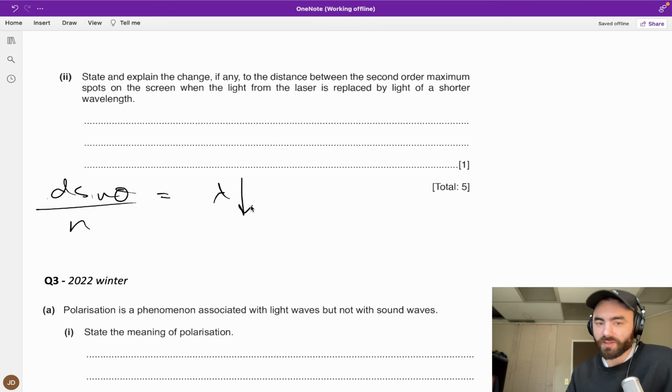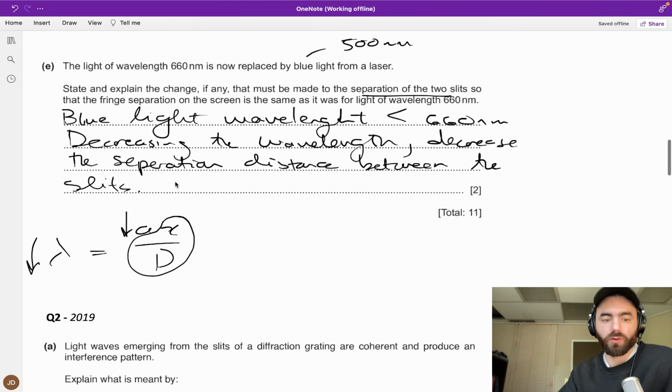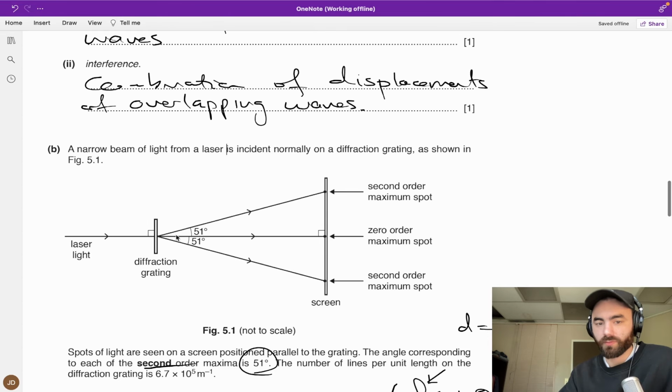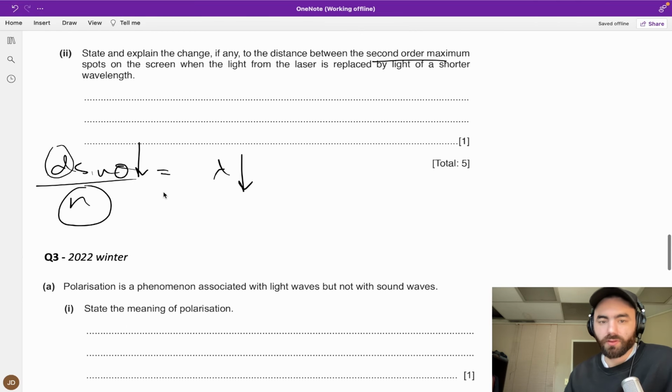If we decrease the wavelength, the order remains second order and the diffraction grating remains the same. So if we decrease this, will we decrease the sine theta? Because in this case theta will range from 0 to 90. This means when we decrease wavelength, we're decreasing sine theta.